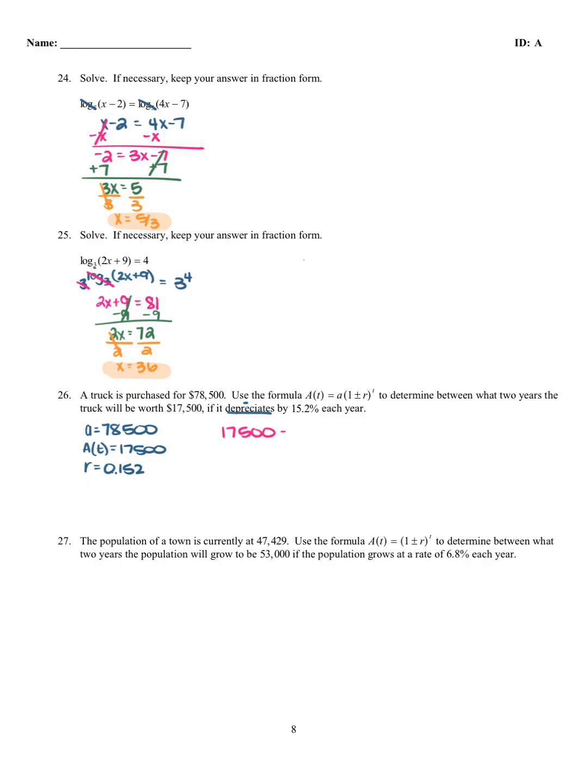So this is going to give you 17,500 is equal to 78,500 times 1 minus 0.152 to the power of t. We're going to subtract to get 17,500 is equal to 78,500 times 0.848 to the power of t. We divide each side by the 78,500.